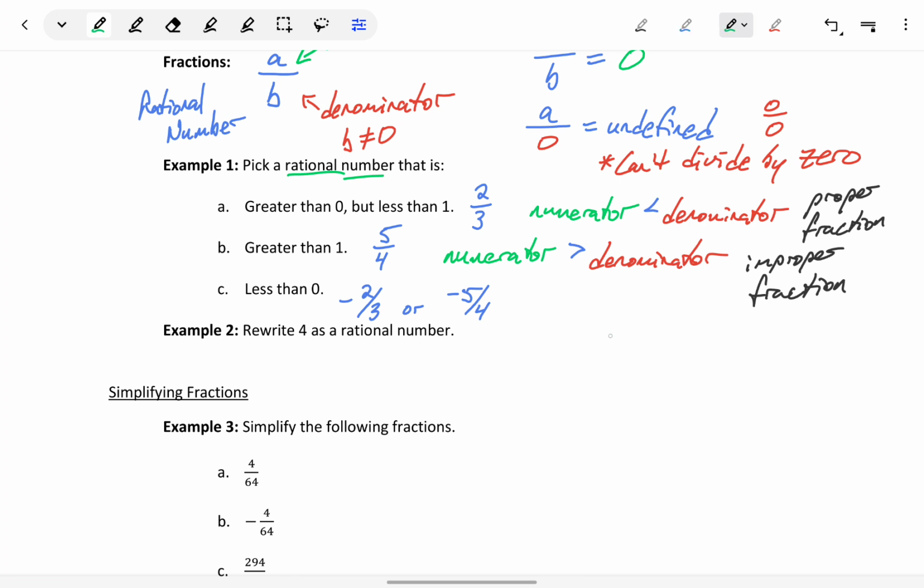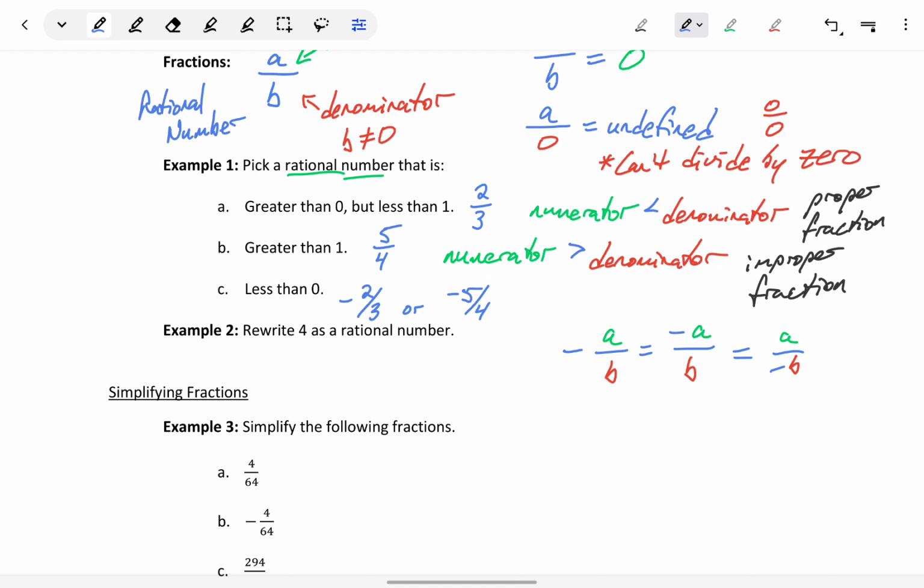If we have a fraction, a over b, and let's say that's a negative fraction, we have a negative sign out in front of that fraction, we can also rewrite this as -a, or the opposite of a, over b, or we can rewrite that as a positive a over a negative b, or over the opposite of b.